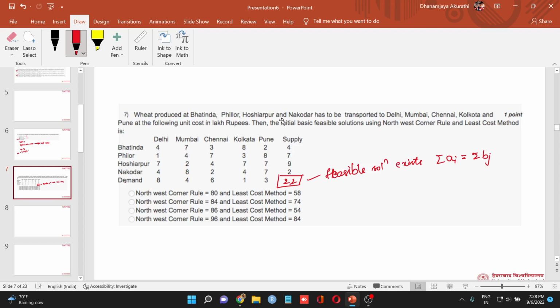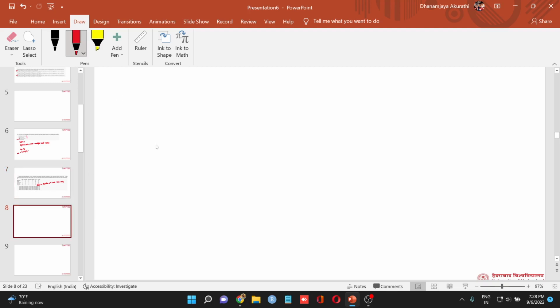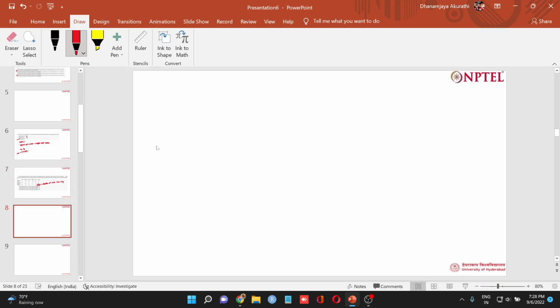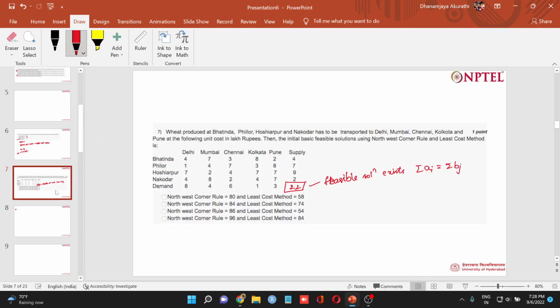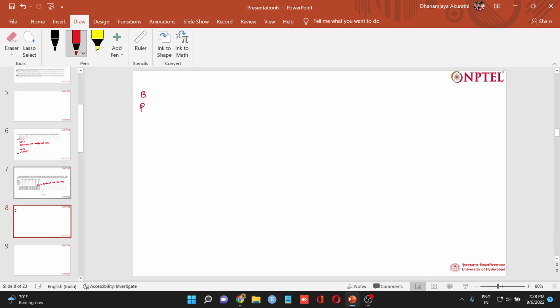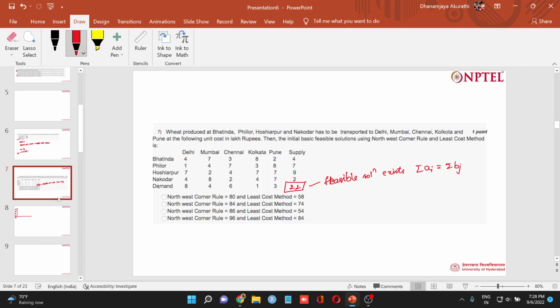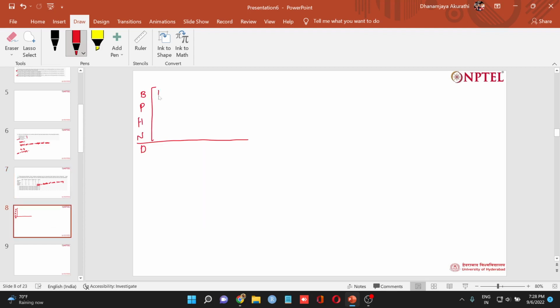Wheat is produced at the different cities they had given, and we can denote them by the first letters. And also they had given the demand: 4, 1, 7, 4.